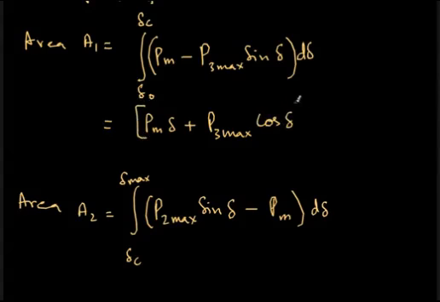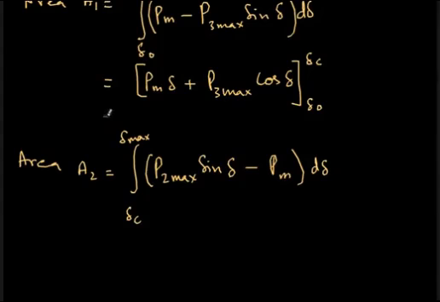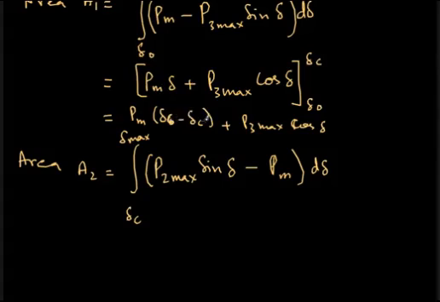And for this the limits are delta naught to delta C. So this will be equal to Pm into delta C minus delta naught plus P3 max into cos of delta C minus cos of delta naught.